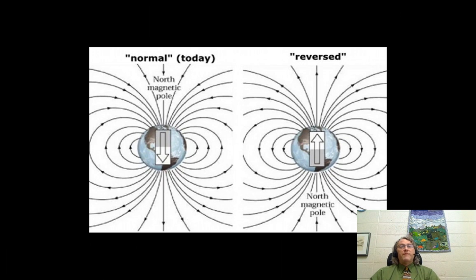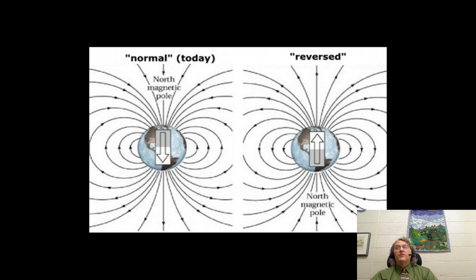However, magnetic polarity can change. Geographic polarity doesn't. The physical north and physical south pole don't flip like that. But magnetic polarity can, and does. And people have discovered that many types of rocks, certain igneous rocks and even some iron-rich sedimentary rocks, retain a remnant of the magnetic fields that existed at the time they formed.